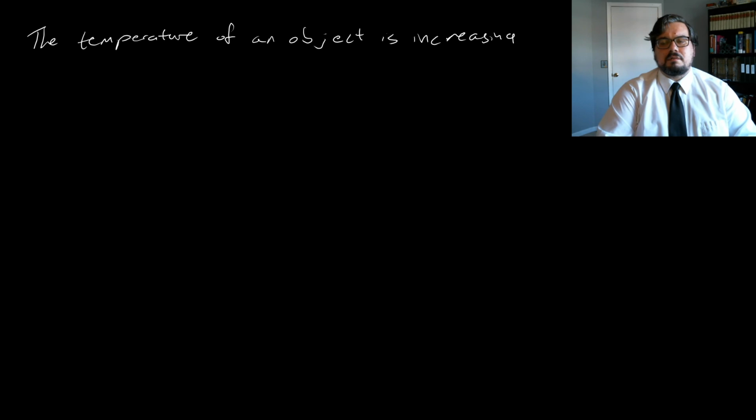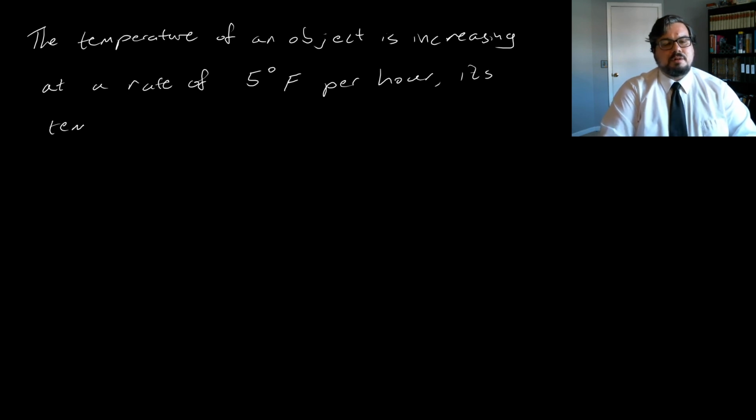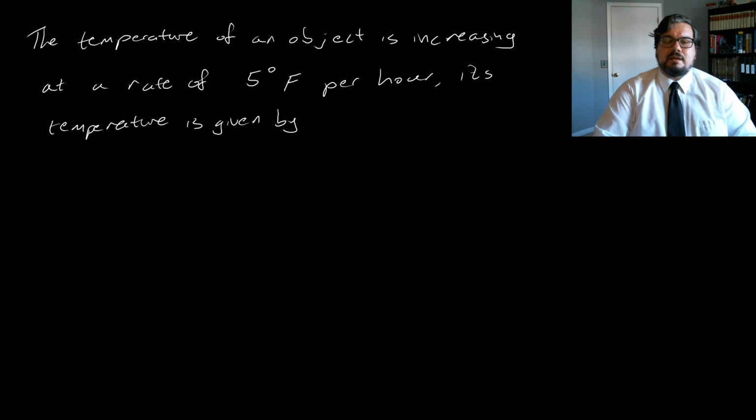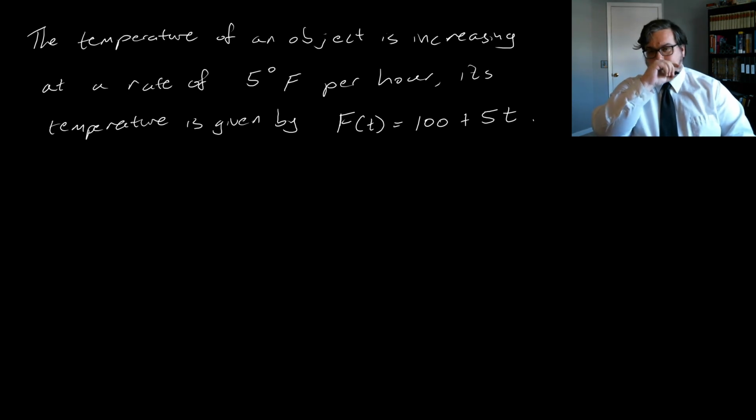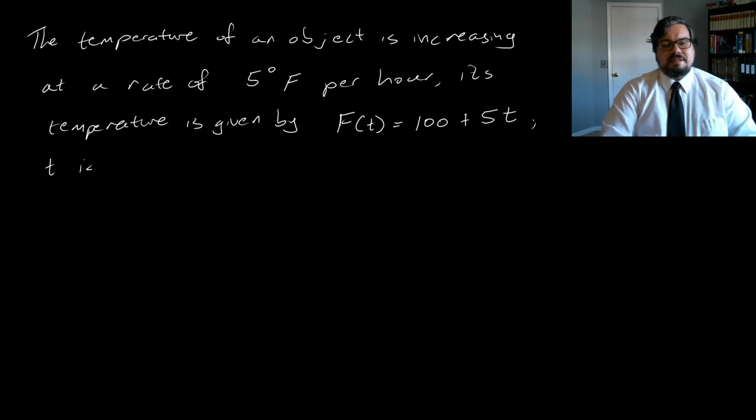So let's say that the temperature of an object is increasing at a rate of 5 degrees Fahrenheit per hour, and its temperature is given by f of t is equal to 100 plus 5t, where t is measured in hours since the experiment began.